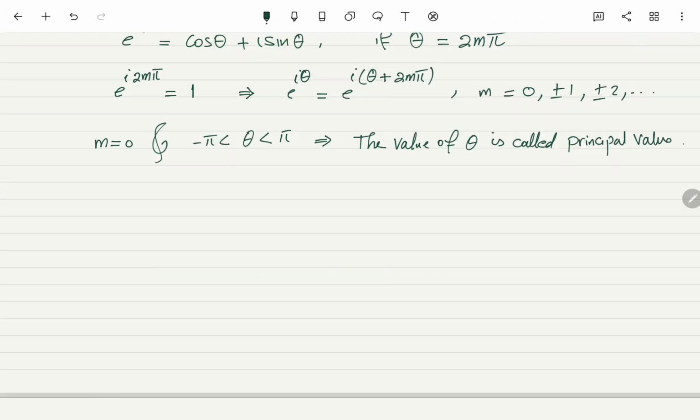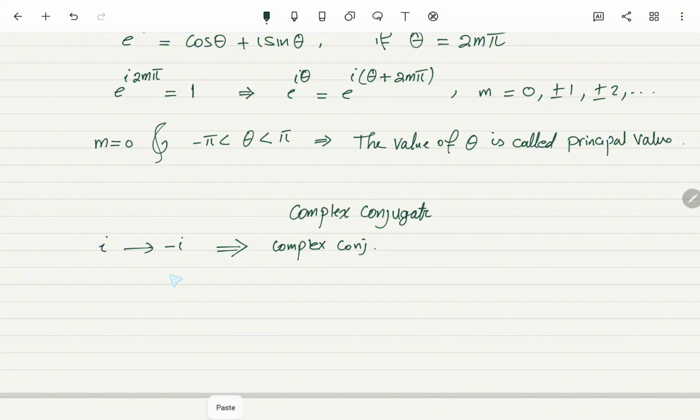Let's define a complex conjugate. Whenever you replace i by minus i, in this case, this is called a complex conjugate. So for every i, you replace it by minus i, and you will get the complex conjugate.